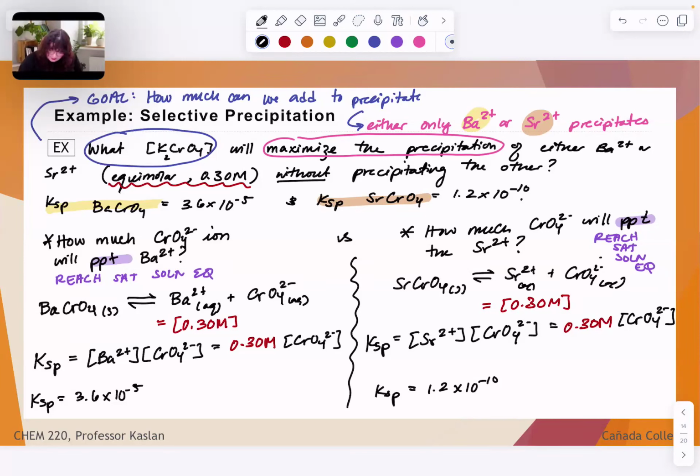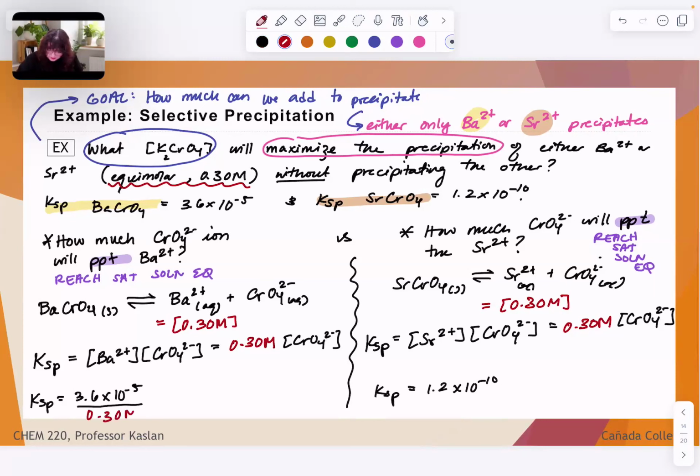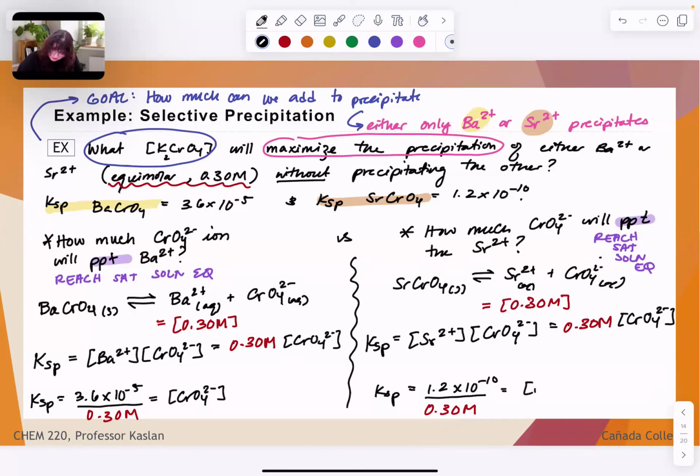So KSP is equal to a value, and I want to solve for how much chromate, so I'm going to take my KSP and divide it by my 0.30 molar. This will leave behind the required chromate concentration in order for us to precipitate each of the individual salts.